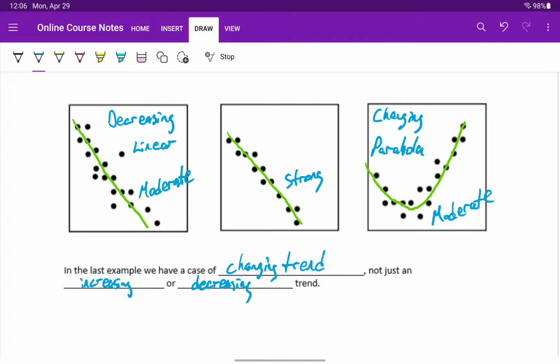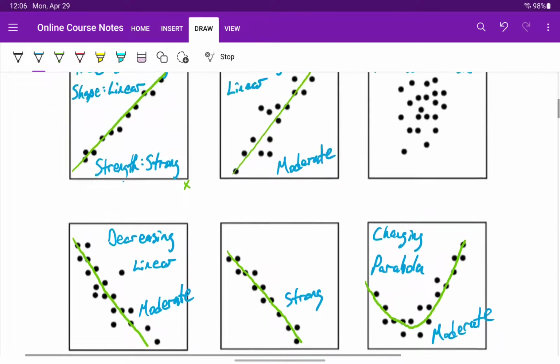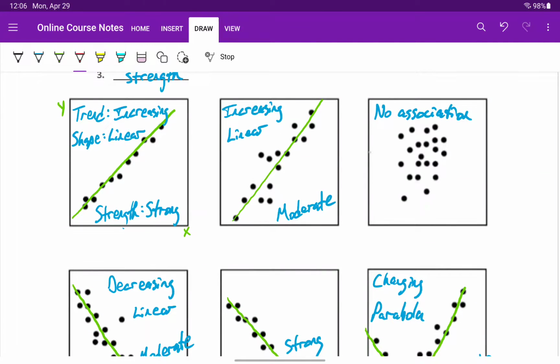And that's a real pattern that we can see with real data. But for our purposes, we're going to focus on cases where we see pretty strictly increasing, decreasing, or in this case, data sets with no association.